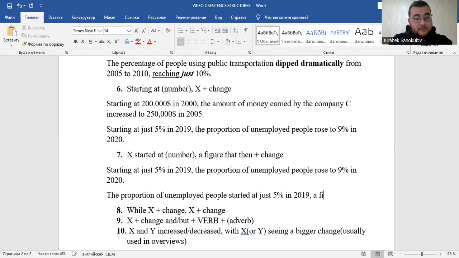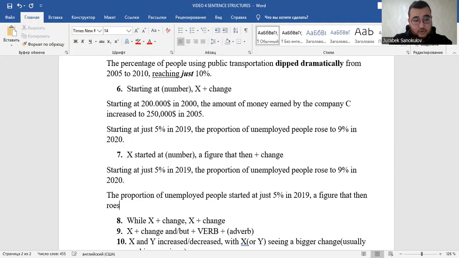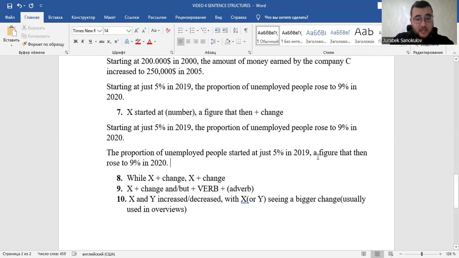A figure that then rose to 9% in 2020. That's how you will use it. So that's basically giving comments on the change. That's why I use the word a figure, not the figure. I mean, that's a very advanced sentence structure. You just learn it and use it all the time.